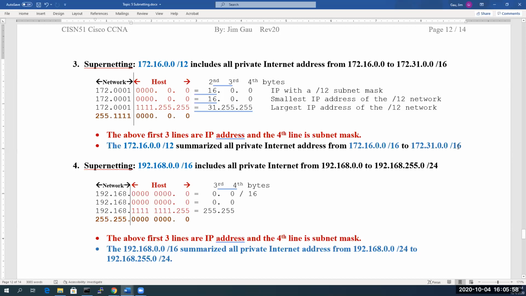So all these private class B addresses from 16 to 31 have been summarized to /12. That's what supernetting is about.